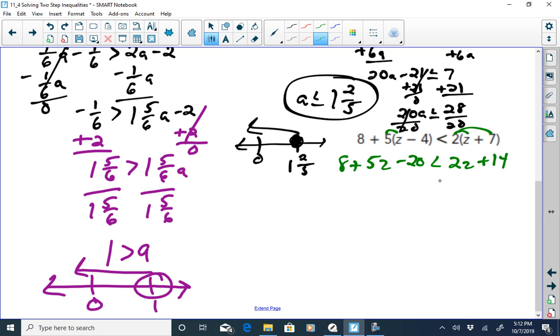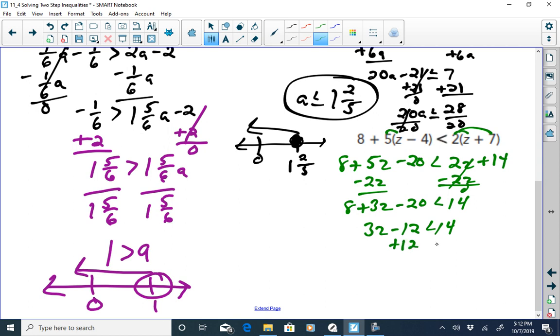2z is smaller than 5z, so I'm going to subtract 2z from both sides of my inequality. Right, that's going to give me 8 plus 3z minus 20 is less than, right, that's 0, 14. Negative 20 plus 8, that's what, negative 12. So we have 3z minus 12 is less than 14. We're going to add 12 to both sides of that.